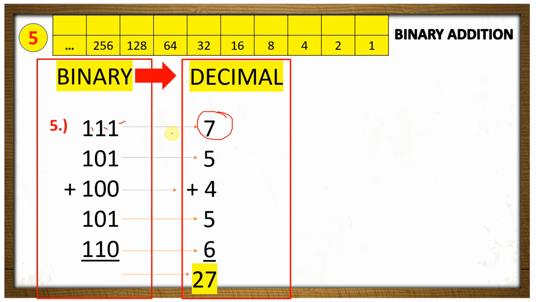Okay, let us add this one directly. We can add the same as in decimal numbers by adding just the 2, then the sum will be added to the next number. But we can actually directly add this one.